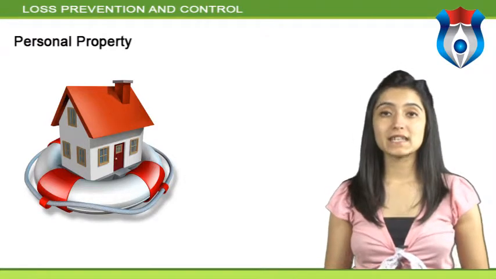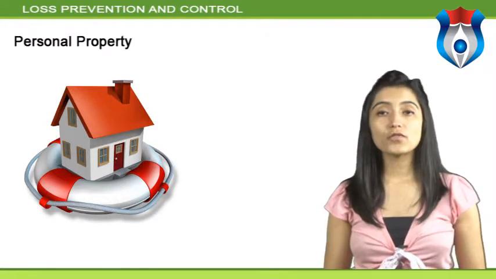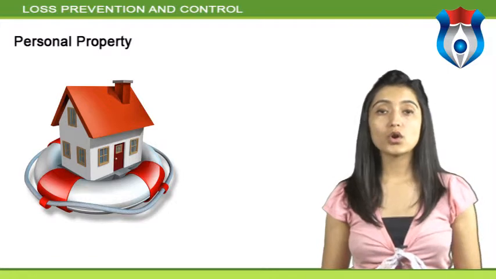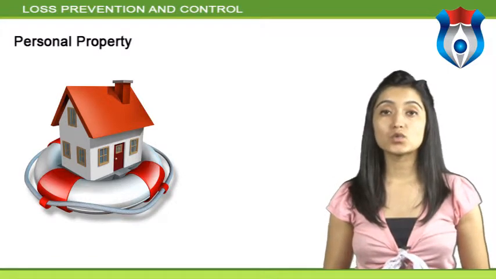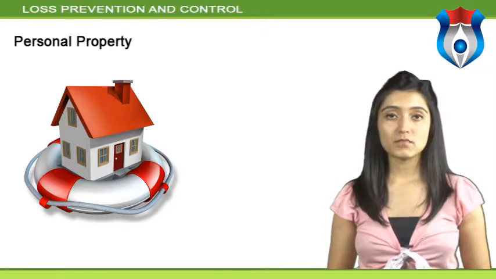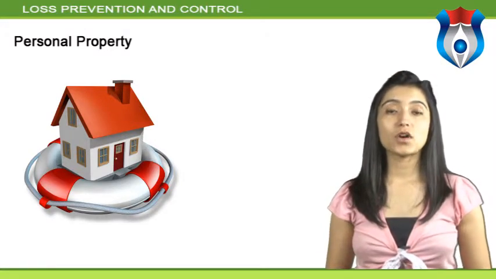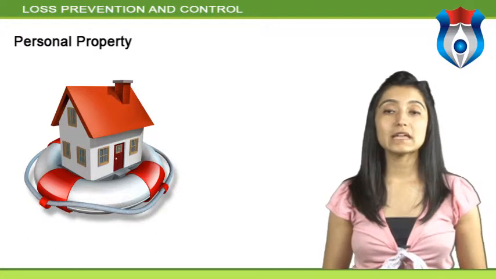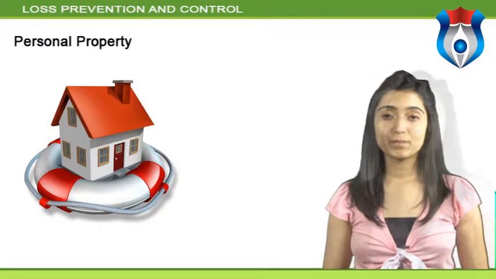When property is damaged, destroyed, or wrongfully taken, the owner or user of that property can lose much more than the value of the property itself. He or she might lose the use of that property as a way to earn income or other benefits.